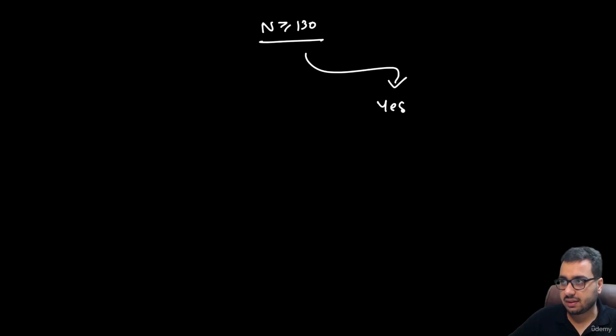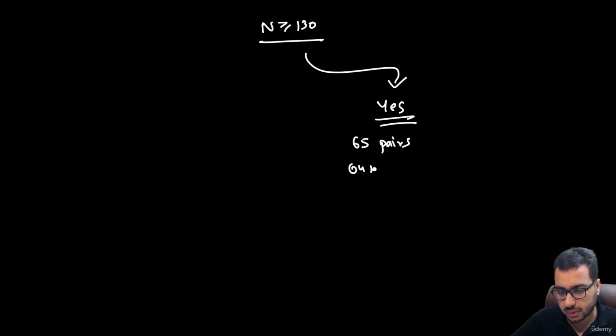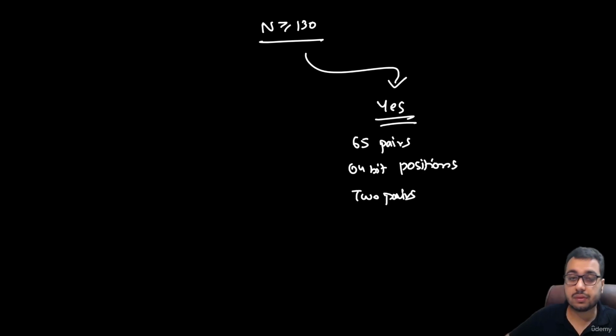Okay, so let me just summarize. If n is greater than or equal to 130, the answer is always yes, because we have proved by using the pigeonhole principle that if we get 65 pairs and we have only 64 bit positions which are possible, then two pairs will have the same value, and doing a XOR of those pairs would produce an output 0.